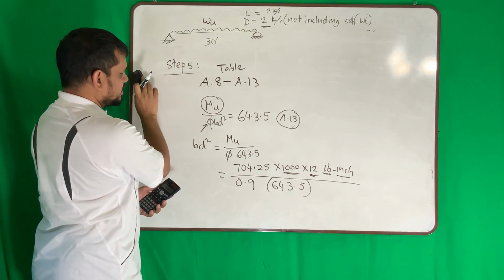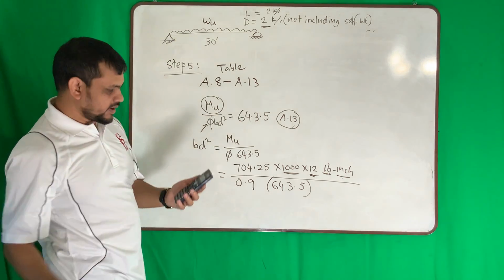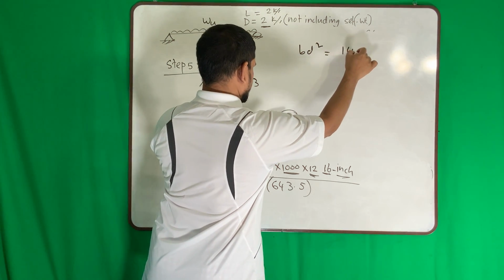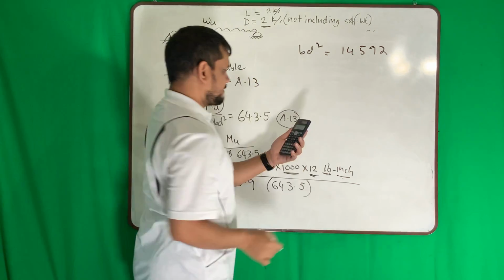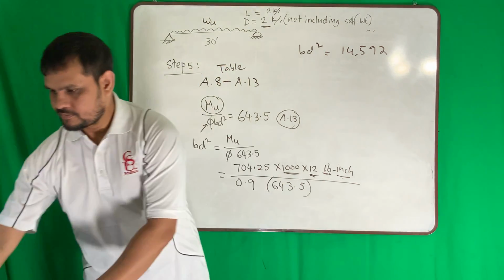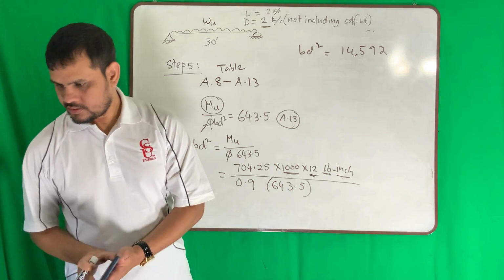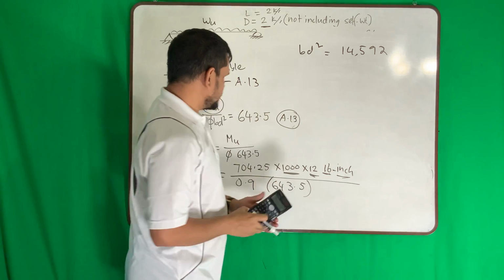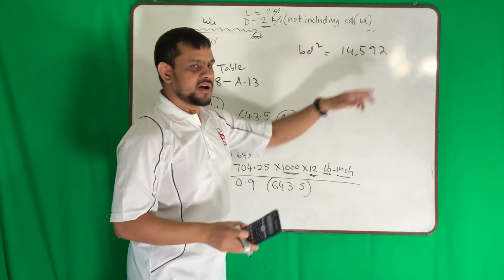So step number 5, still we are in step number 5. I found BD square is 14,592. Yes. Now what to do? So we got BD square 14,592.